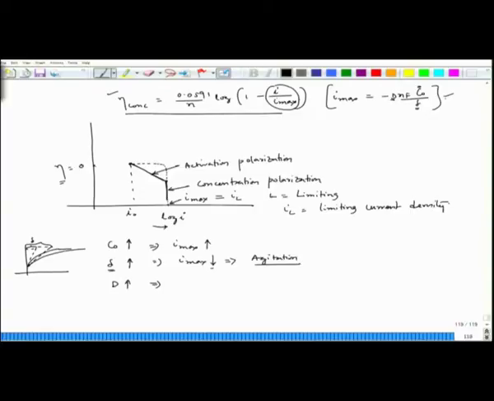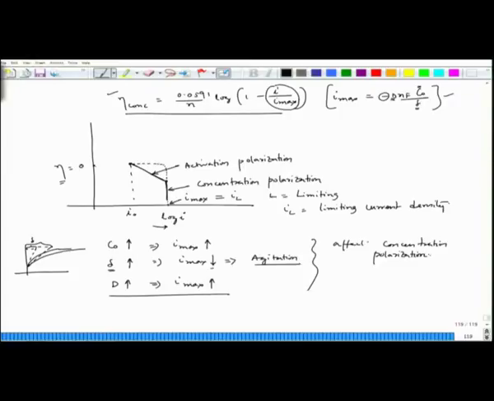As per this formula, remember this minus sign is indicative of flow of ions from higher to lower concentration, against the concentration profile, and as D increases, I max also increases. So, these are some factors which affect concentration polarization.